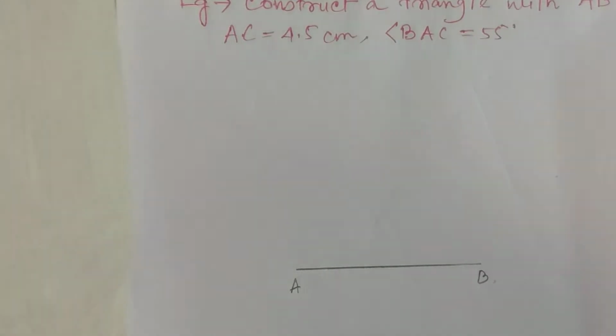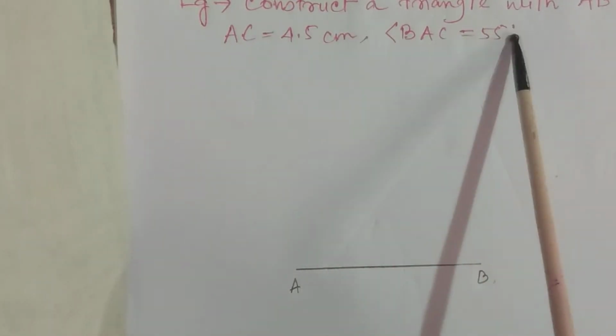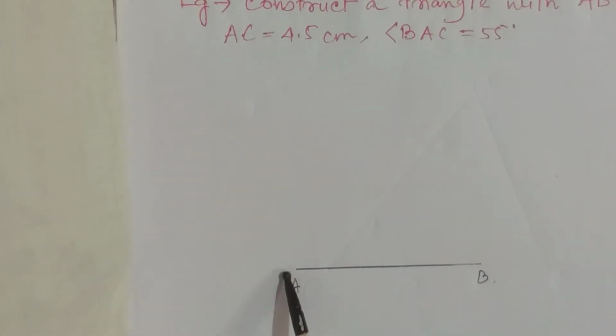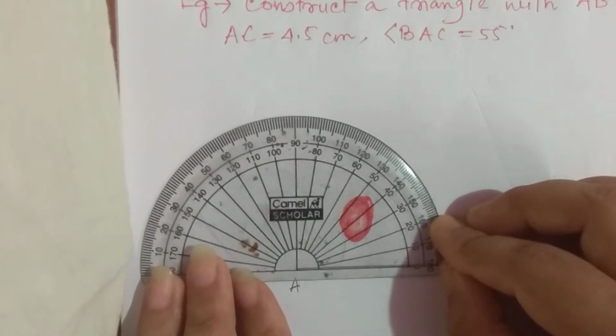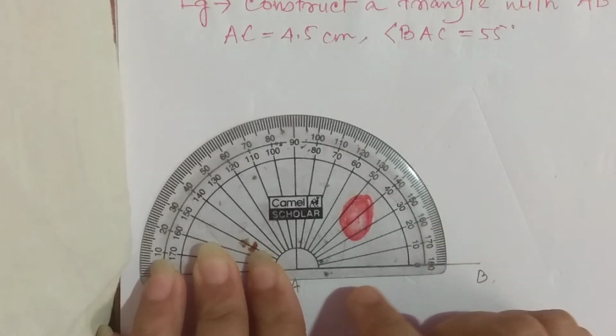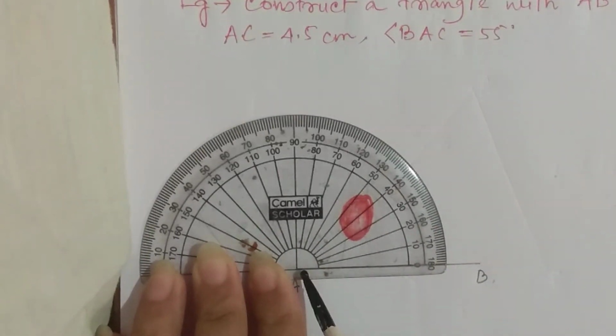Now angle BAC equals to 55. That means at point A I need to draw 55 degree using protractor. So I have taken the protractor. I have placed it coinciding the line of the protractor with the drawn line AB.